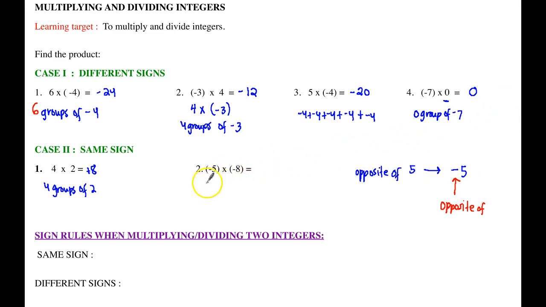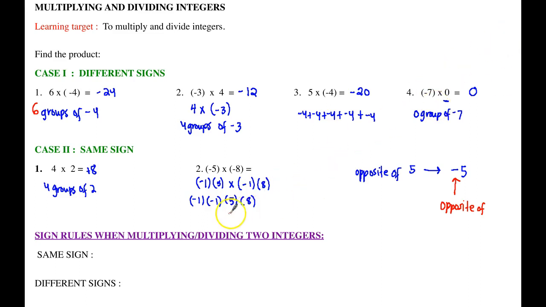Again, using the commutative property of multiplication, this negative 5, you can rewrite that as negative 1 times 5, right? So negative 1 times 5, and then times negative 8. That's the same as negative 1 times 8. So I can rewrite this as negative 1, I'm going to pull out the negative 1 again, and then 5, and then 8.